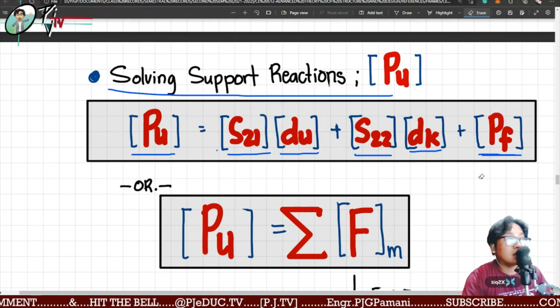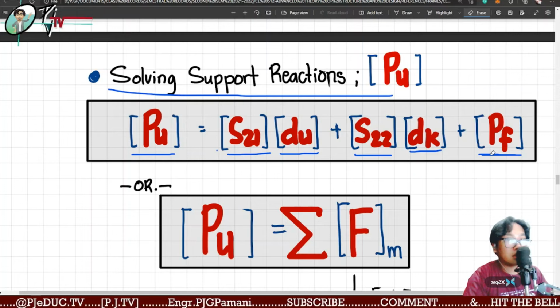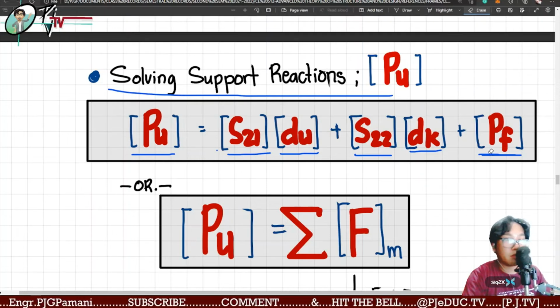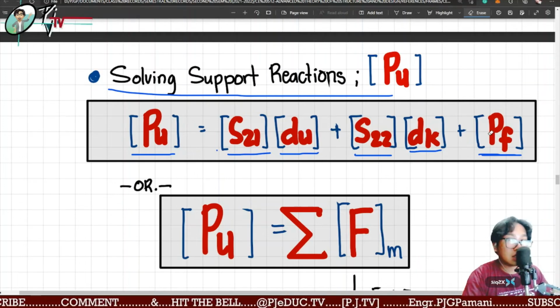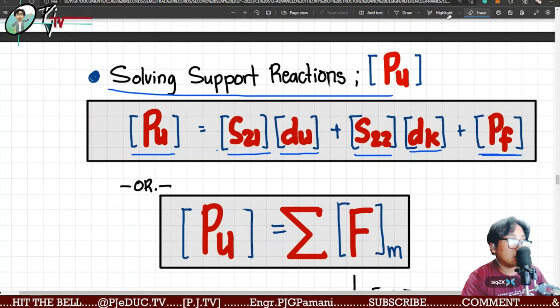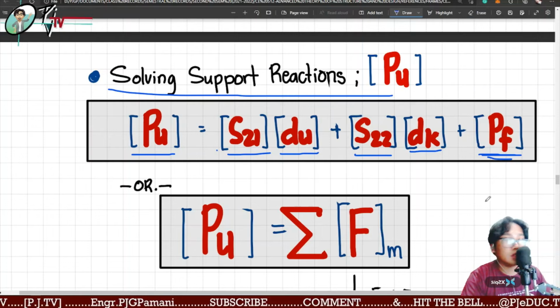Kahit, halimbawa, the entire frame, walang member loads, or all of the members within the given frame, walang load, so walang PF. Pero, kung ang isa lang na member within the frame ang merong member loads, kahit iisa lang yon, meron pa rin tayong PF. Okay?